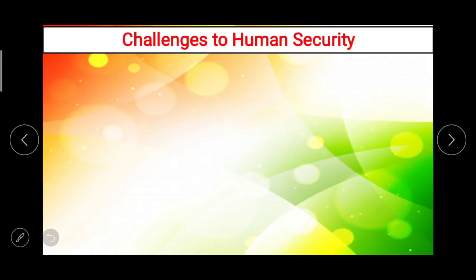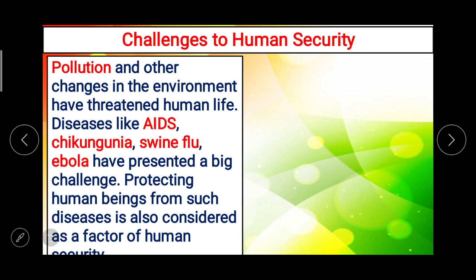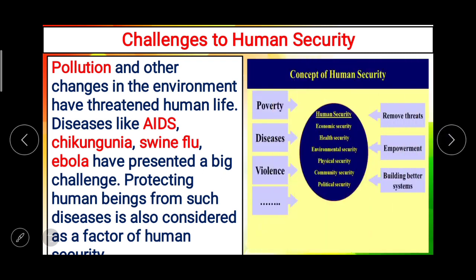Next challenge to human security, that is pollution and other changes in the environment have threatened human life. Diseases like AIDS, chikungunya, swine flu, Ebola have presented a big challenge. Protecting human beings from such diseases is also considered a factor of human security.